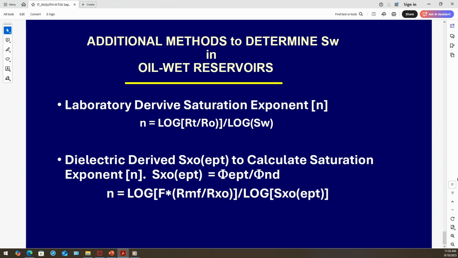So your SXO from the EPT, for the Schlumberger tool at least, is equal to the dielectric porosity divided by your log porosity. And then N is equal to the log of F times RMF over RXO divided by the log of the water saturation from the EPT. All right, that's the final slide.